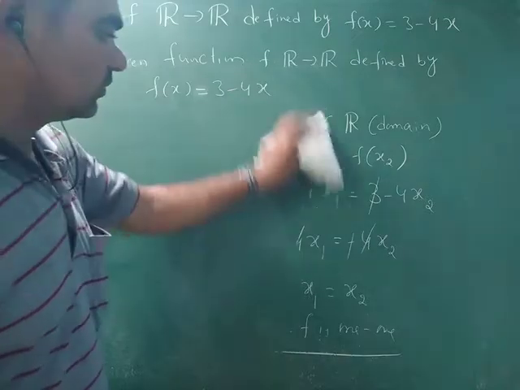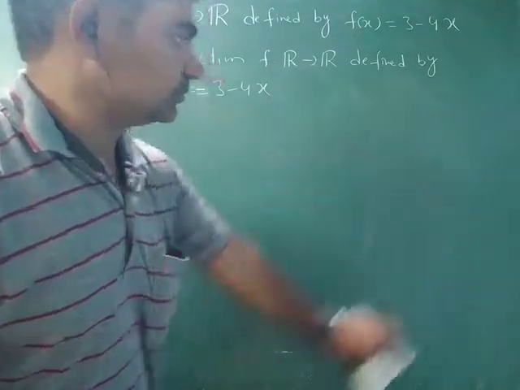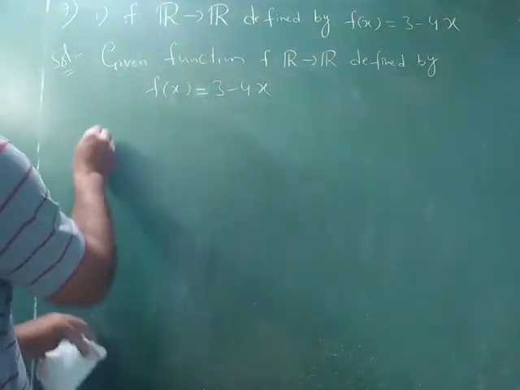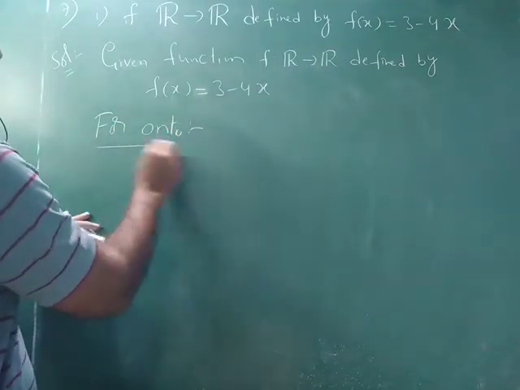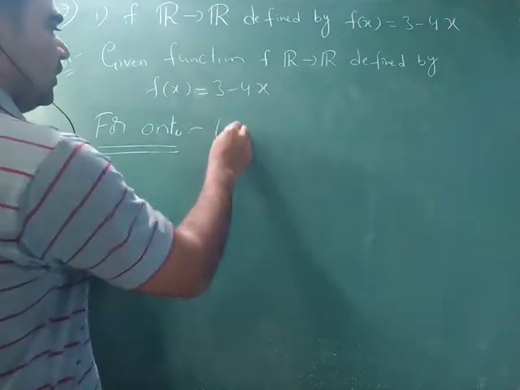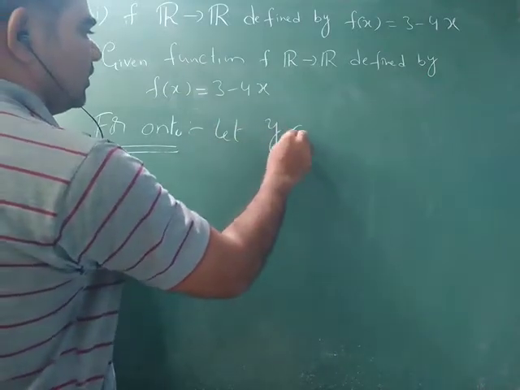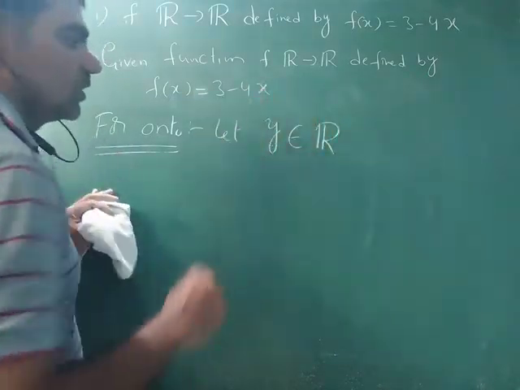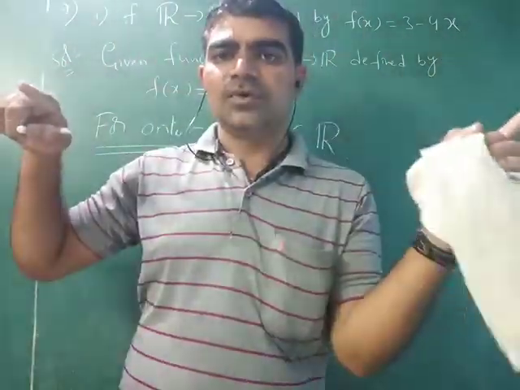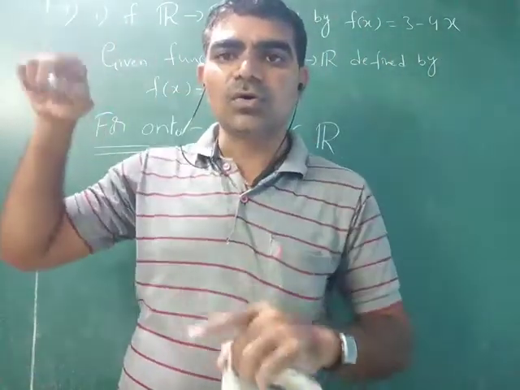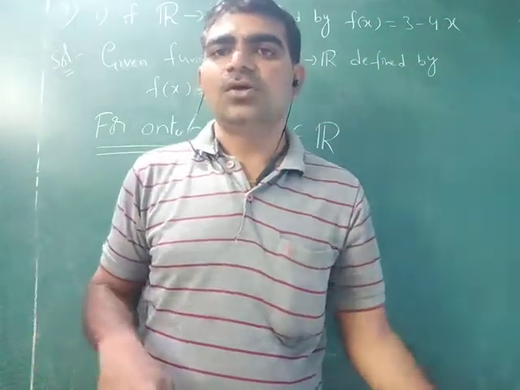Now for onto. Let y belong to R. For onto, what did I tell you? For every element of the codomain there should be a pre-image in the domain.